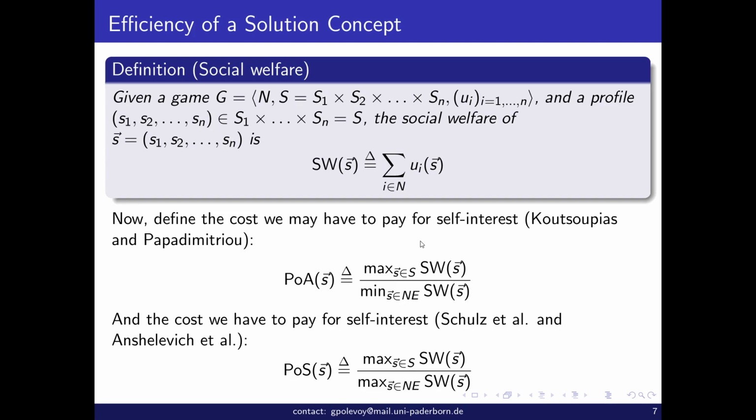Now, that's only one of the possible definitions. That's the so-called utilitarian definition, which we are going to mostly use, but you can also think of other definitions. There is, for example, the egalitarian definition, where we care about the welfare of the worst off.